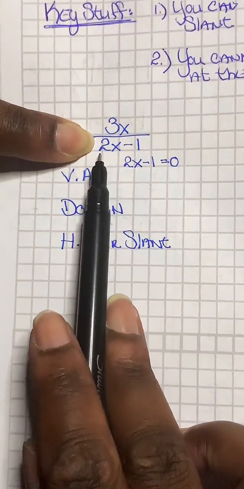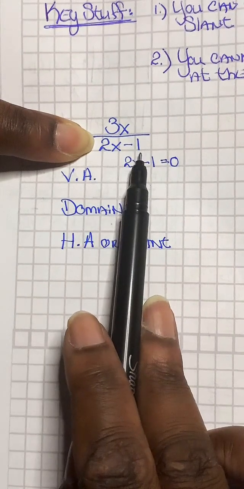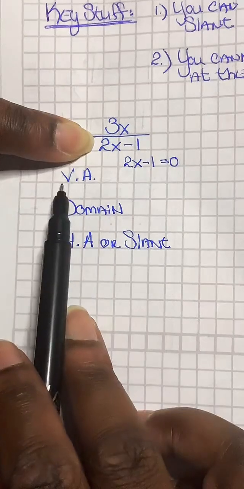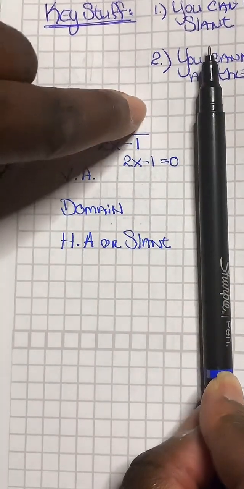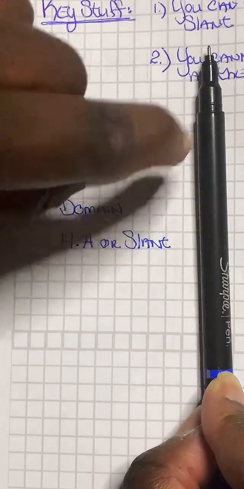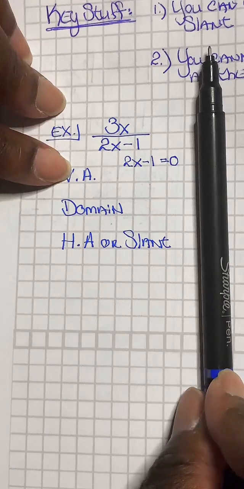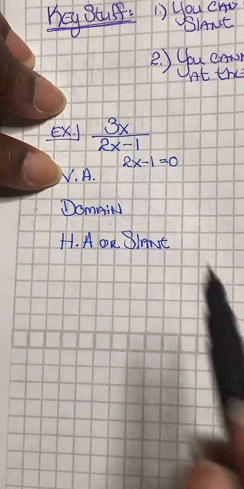You want to know what is going to make our denominator equal to 0, because that's going to make it undefined. Remember, an asymptote is a boundary line. So things will get as close as they can, but will never cross it. Okay? So you want to know what's going to make that denominator equal 0.